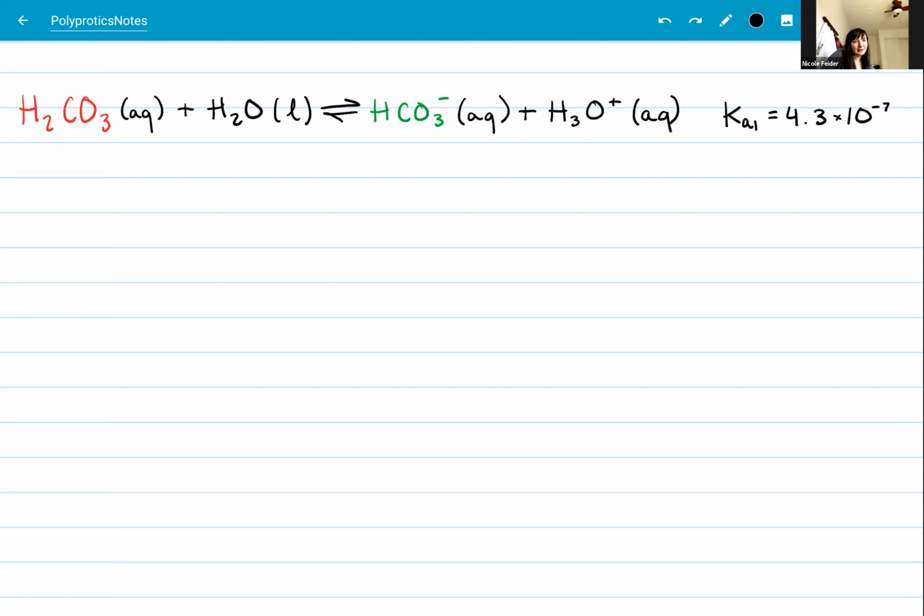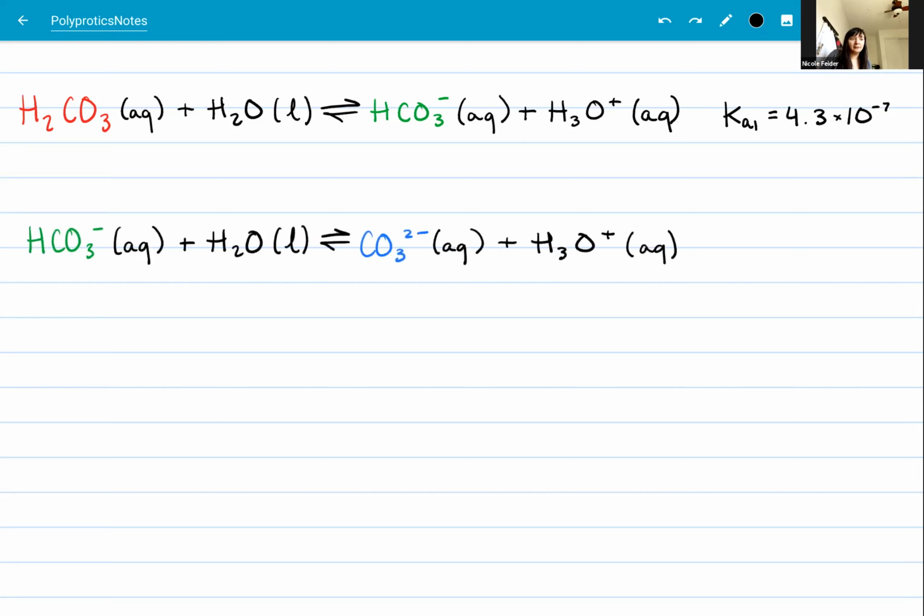Now we can see here that the conjugate base, bicarbonate or HCO3 minus, also has a proton available to leave. So the second proton leaving is written out as such, with bicarbonate reacting with water to produce carbonate and hydronium. And since this is the second proton leaving, it has an equilibrium constant of Ka2, which is 4.8 times 10 to the minus 11.